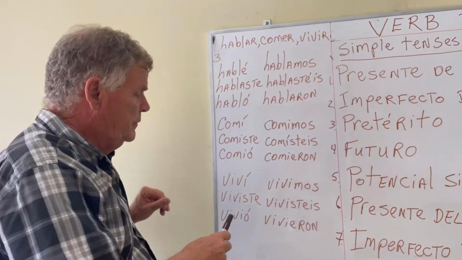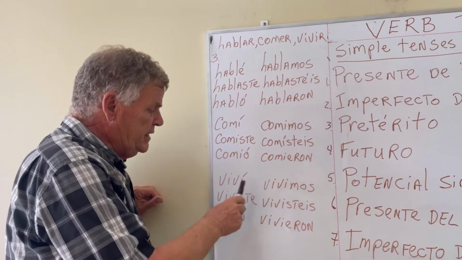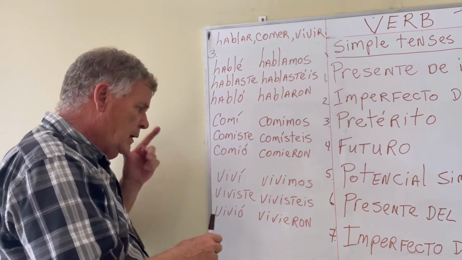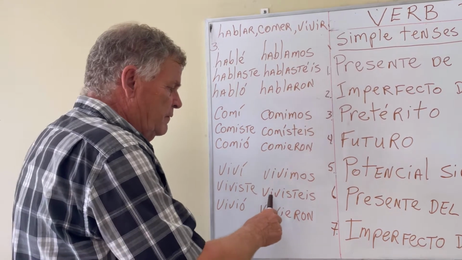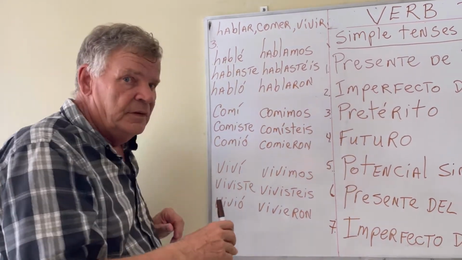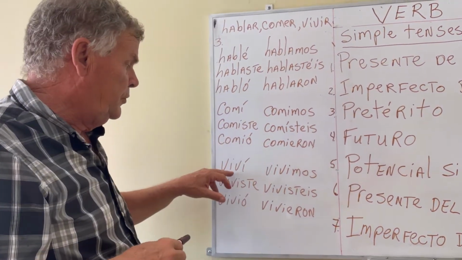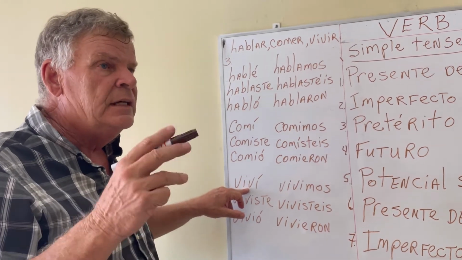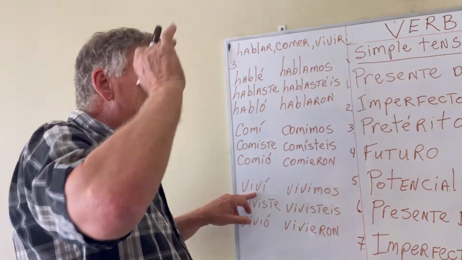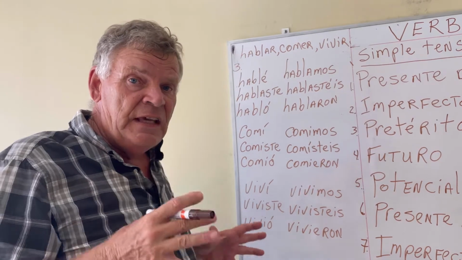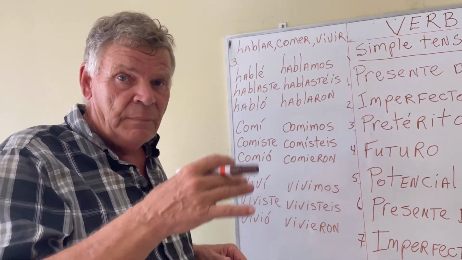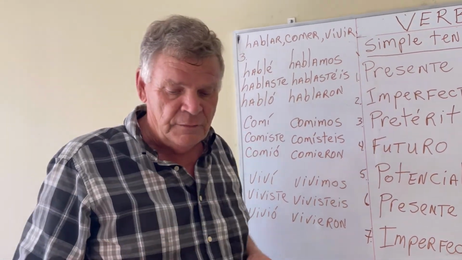With vivir, viví, viviste, vivió. Vivimos, vivisteis, vivieron. Okay, so if you said something like, I lived in Panama, you would say viví in Panama. Okay, that's it for the preterite.